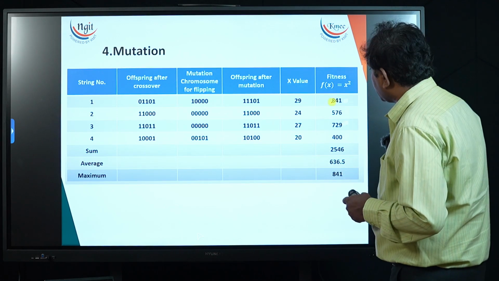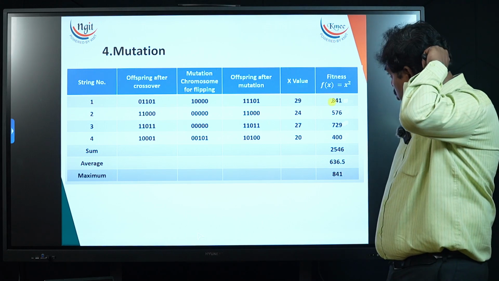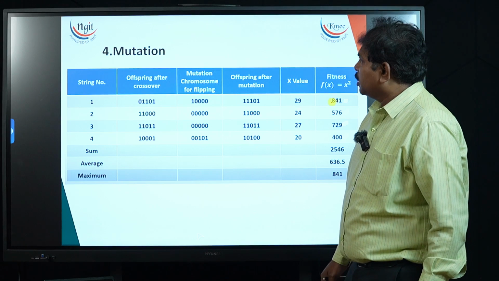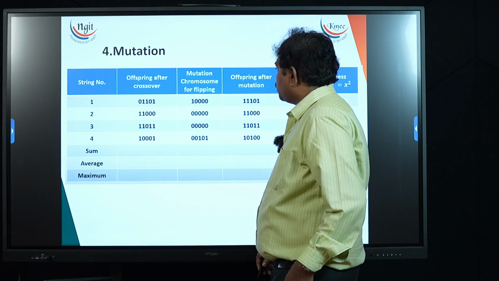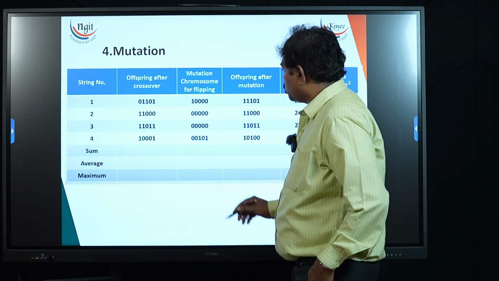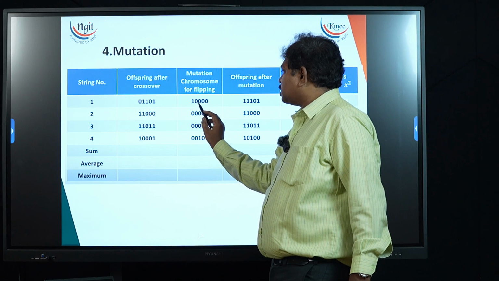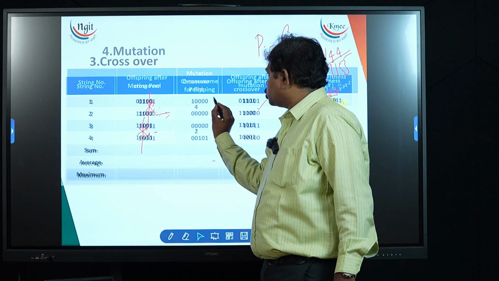Now what we do, again we apply mutation, means offsprings are mutated to make them more efficient. Here is the offspring after crossover, with the mutation chromosome for flipping. I told you a chromosome is a combination of genes. Here a gene is either 0 or 1.